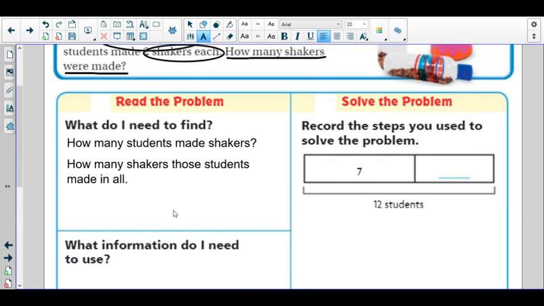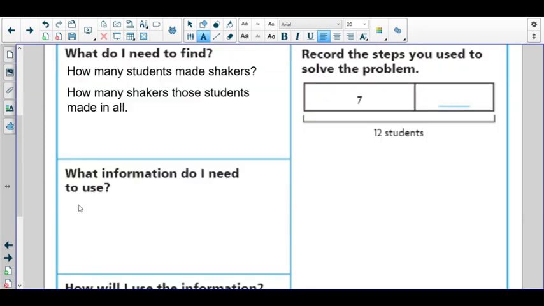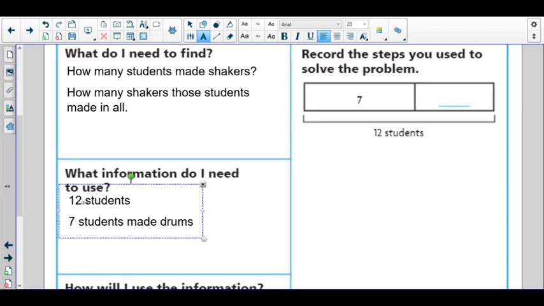What information do we need to use? Well, here's some pretty important information. We had 12 students. All right. Of those 12 students, seven students made the drums. And then the rest made 2 shakers each.